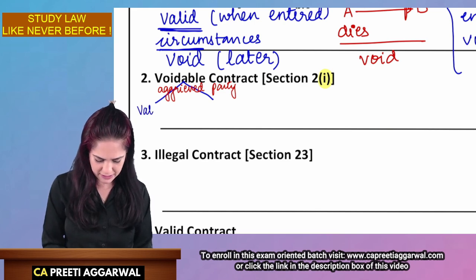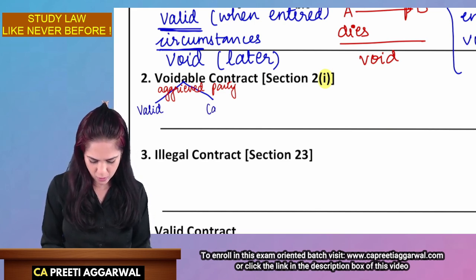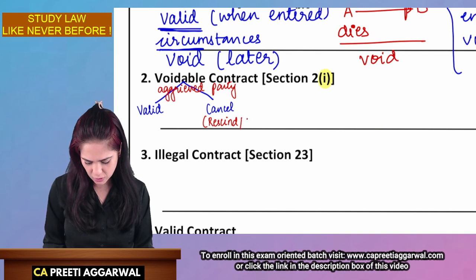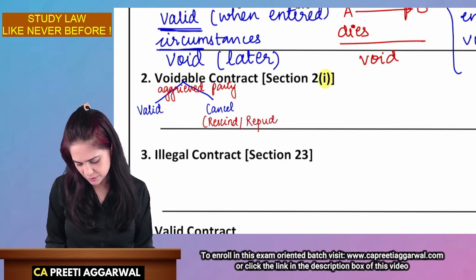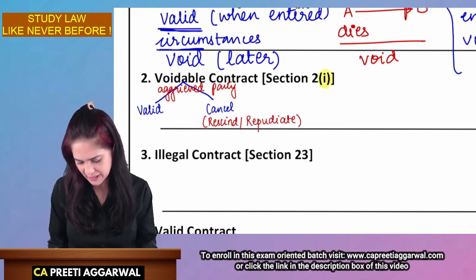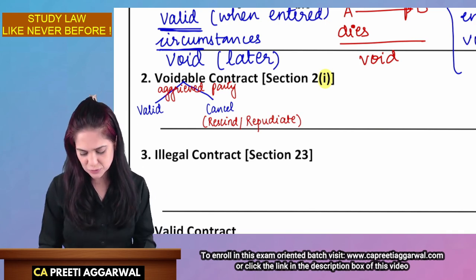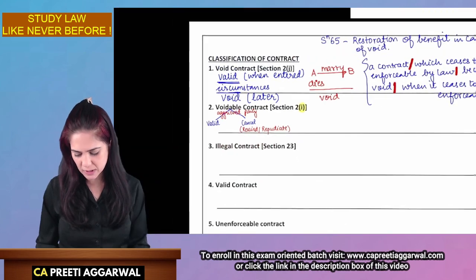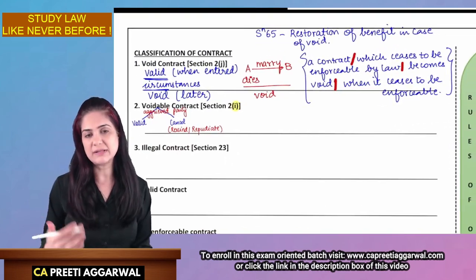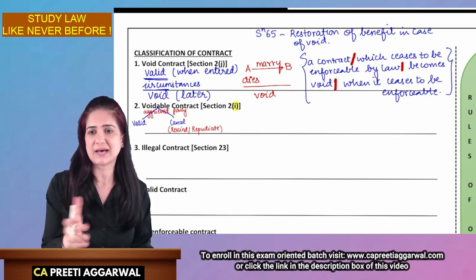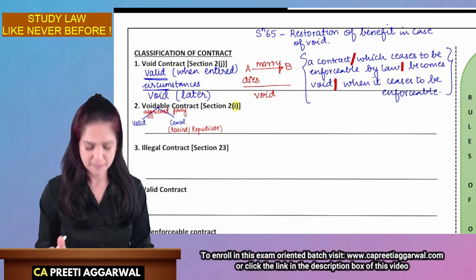Keep quiet, treat the contract as valid, or cancel the contract. Better word for cancel is to rescind the contract or repudiate the contract. See how we are writing and practicing these words. Many a time students don't even write a single word and they expect themselves to write everything properly in the exam. That's not possible. This has to be done during revision.